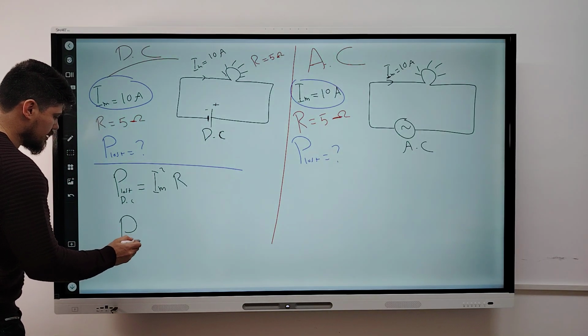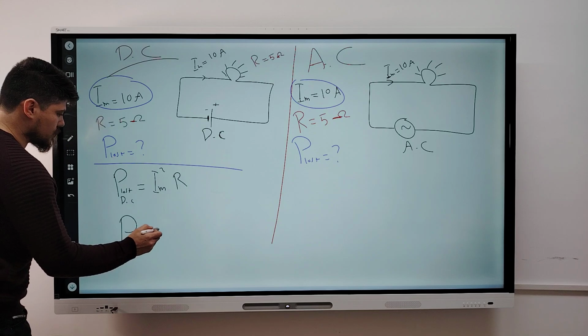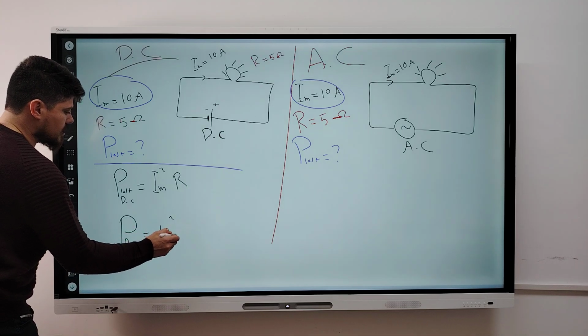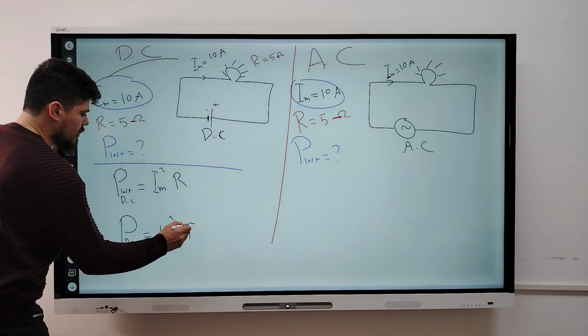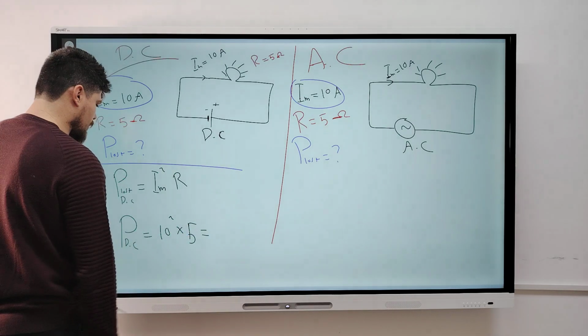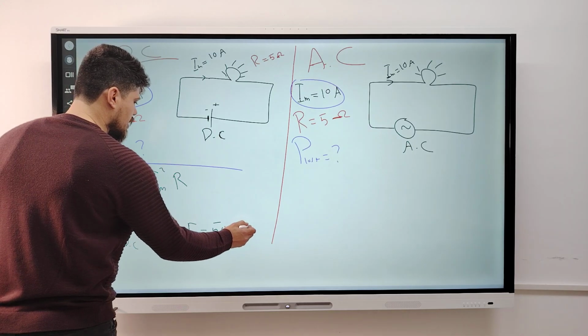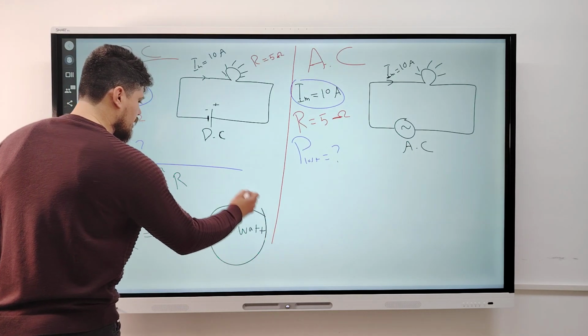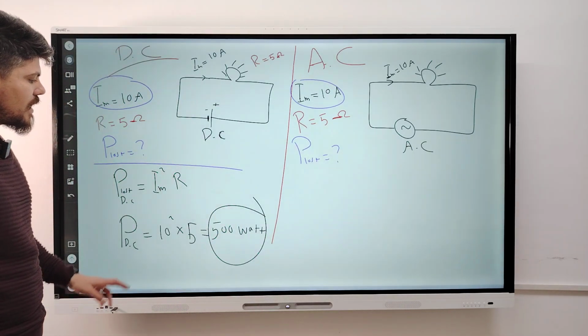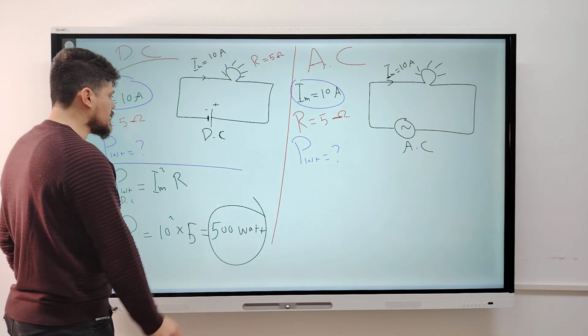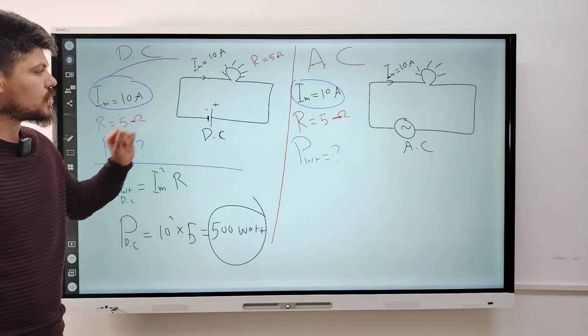Replacing, P loss in DC is equal to 10 squared times 5, which is 100 times 5, equal to 500 watt lost in the DC source.